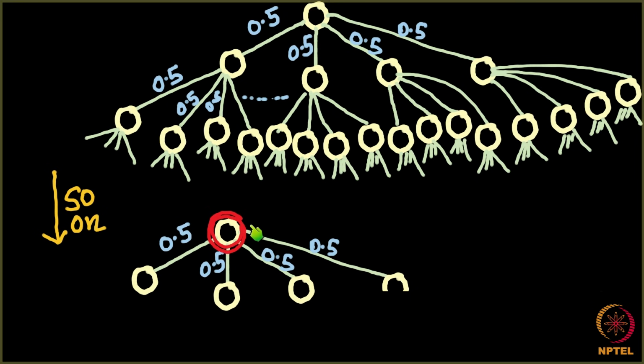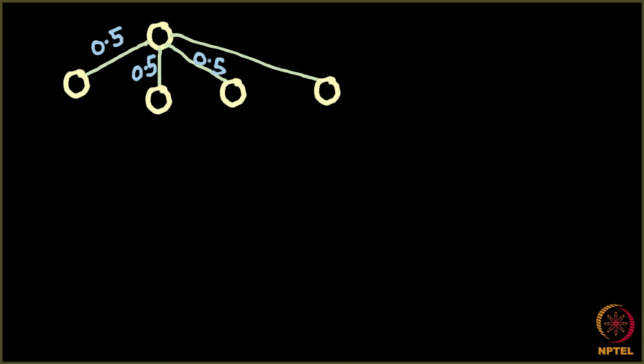How many children do you think it will infect here? Each child it infects with a probability of 0.5. I redraw this network just for the sake of simplicity, and my question is, how many of its children will it infect?